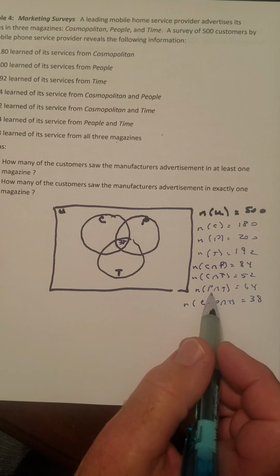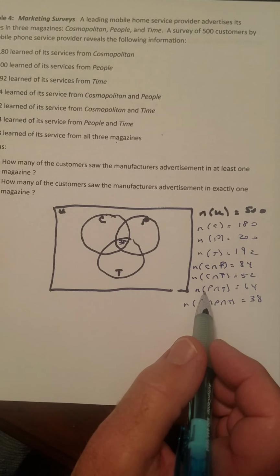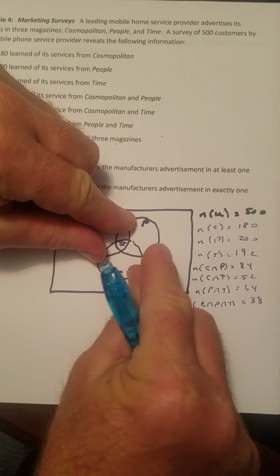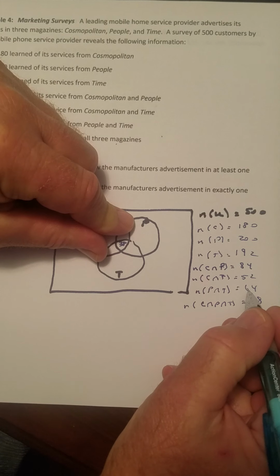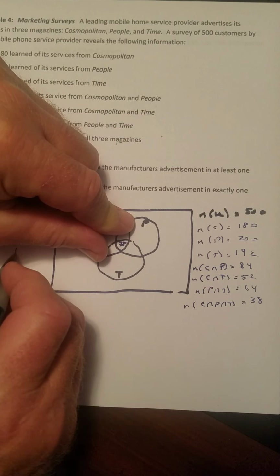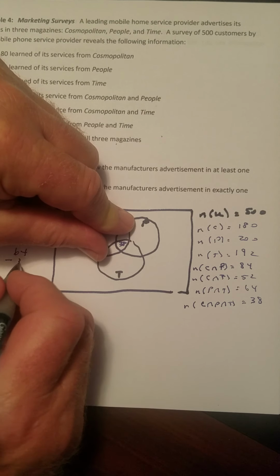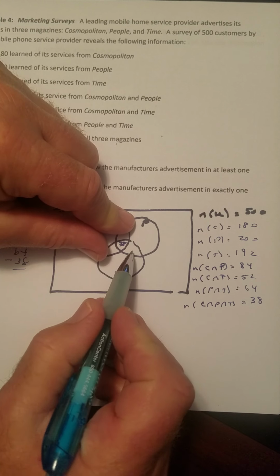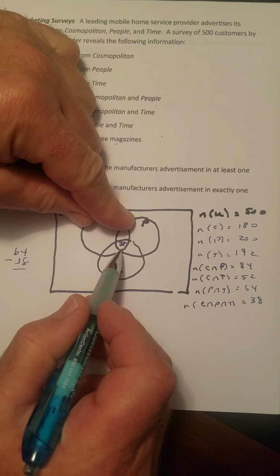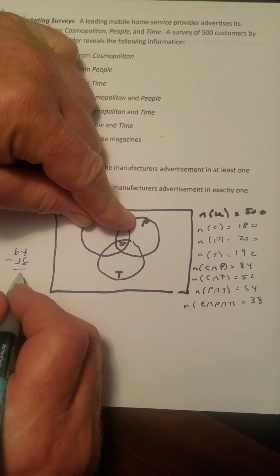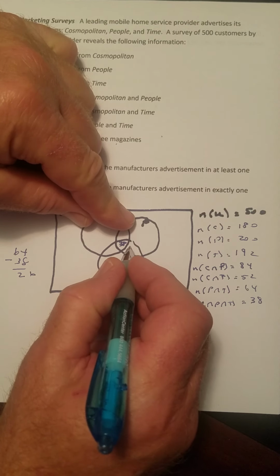So the number in People and Time, that's the little football area right there. If I take 64 and subtract 38, why am I subtracting? Because this whole thing is 64. I've already got 38. So 64 minus 38 is going to be 26. That number goes right here.